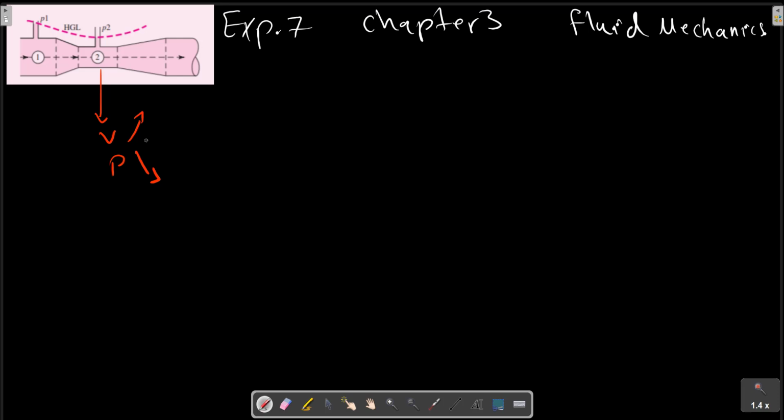The smoothly narrowed-down system shown in this figure is called the venturi tube. So we have here a venturi tube.